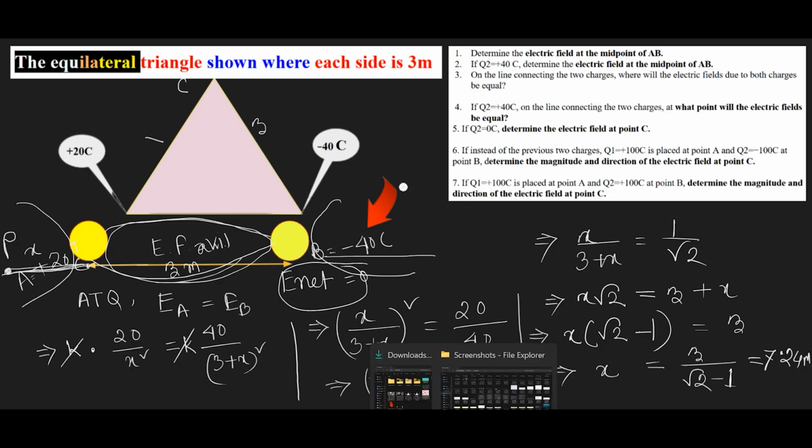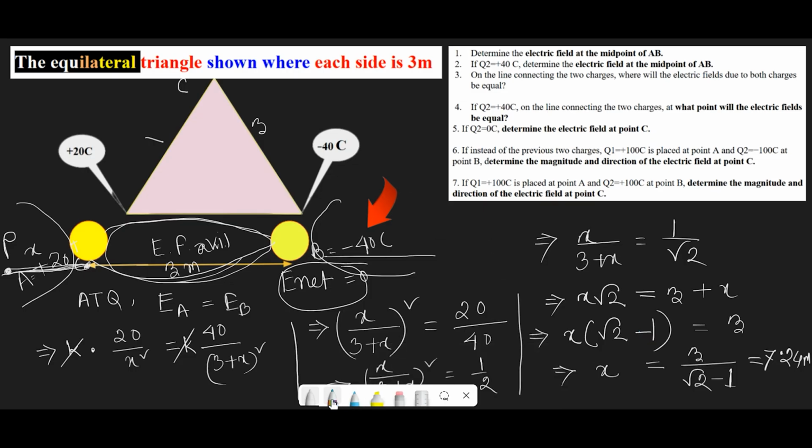It means from A, let's use another pen to highlight. From A, at P point where x equals 7.24 meter, electric field will be 0.